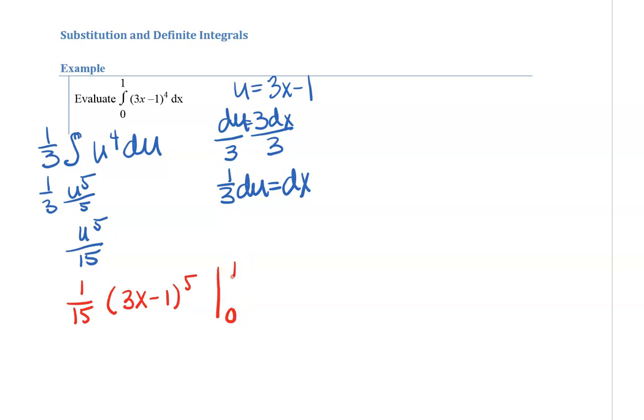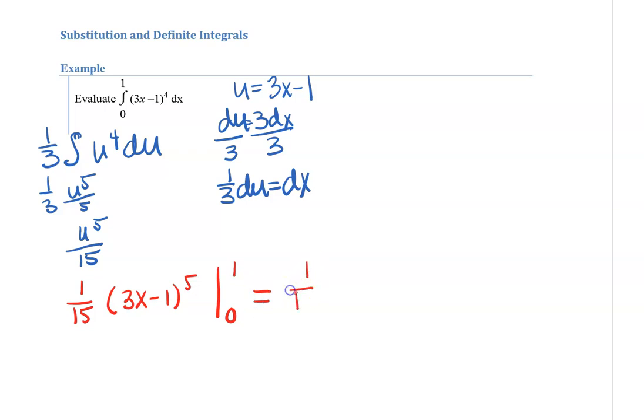Now, you'll take note that I didn't do any changing of my evaluations from 0 to 1. Some instructors, textbooks will have you switch everything into u and then just continue from there. I feel like let's just stick with the concept we know of u substitution and then revert back to our definite integrals that we know and not overcomplicate it.